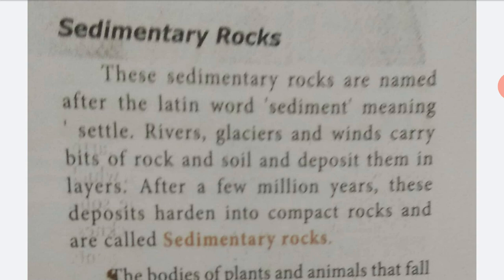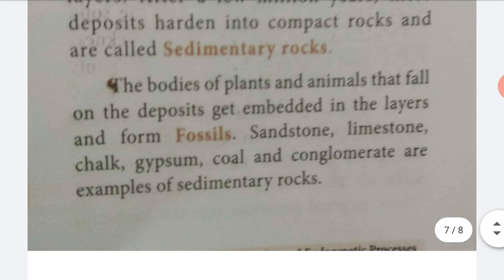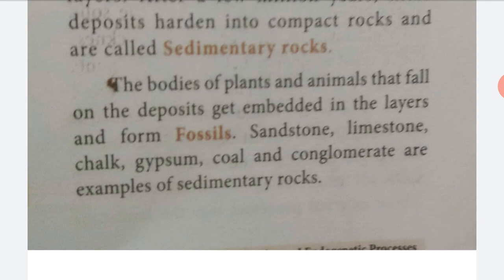After a few million years, the deposits harden into compact rocks called sedimentary rocks. The bodies of plants and animals that fall on the deposits get embedded in the layers and form fossils. Examples are sandstone, limestone, chalk, gypsum, coal and conglomerate.